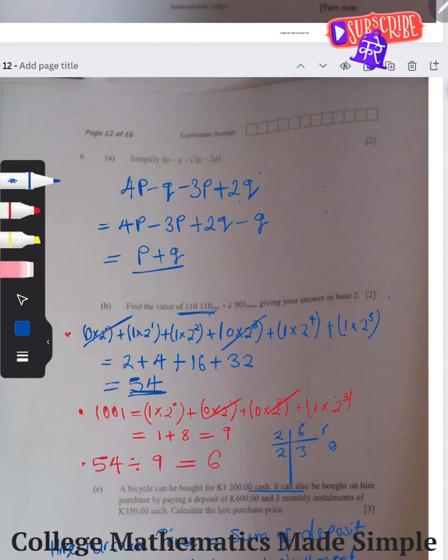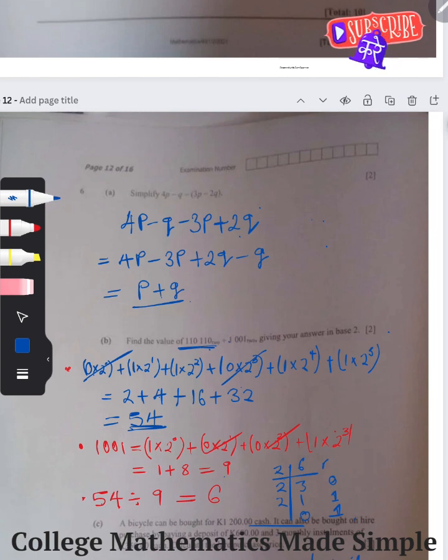I bring down 2. 2 into 3, it's 1. The remainder is 1. Then I bring down 2. 2 into 1, it can't, which is a 0. I just write 0 and the remainder is 1. Then I write this number from bottom to top. So therefore 6 is 110. So this is what I get when I divide this number by this number, 110 in base 2.